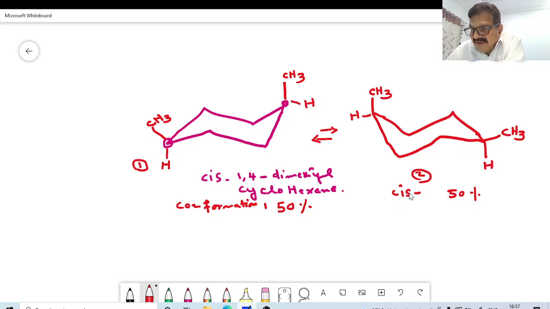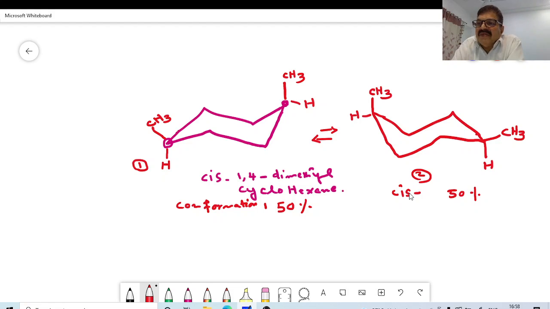In the same way, how will you draw 1,3-dimethyl? It is the same procedure. I don't have to repeat these things because you know how to draw 1,3-dimethyl. If it is 1,3-dimethyl, what will be the position? So for 1,3-dimethyl cis and trans, the same procedure: you pick two carbons that are 1,3 to each other. Now the trans isomer has two groups on opposite sides.